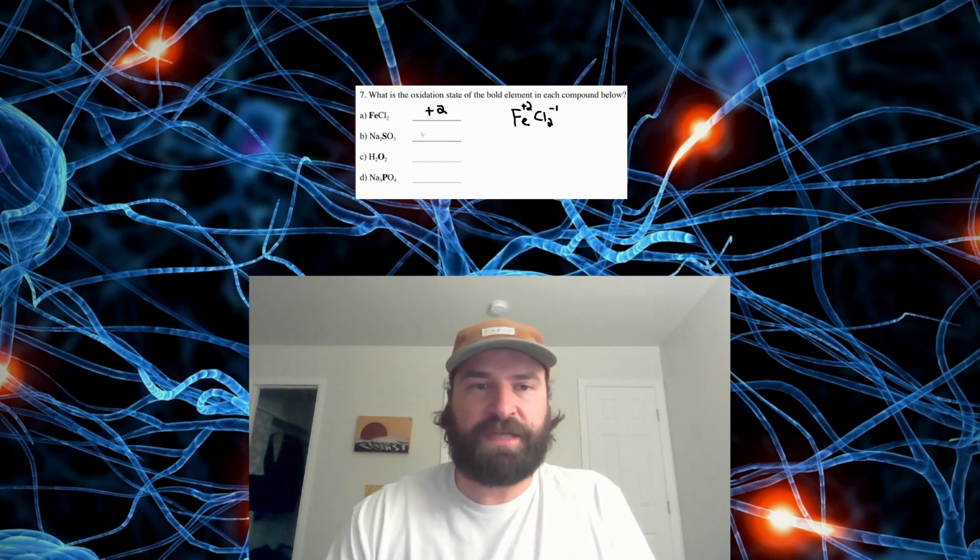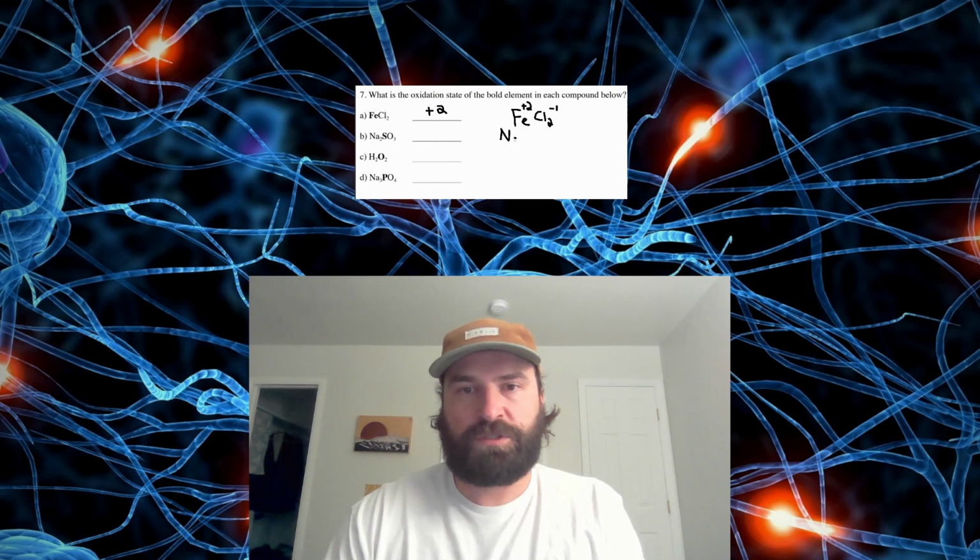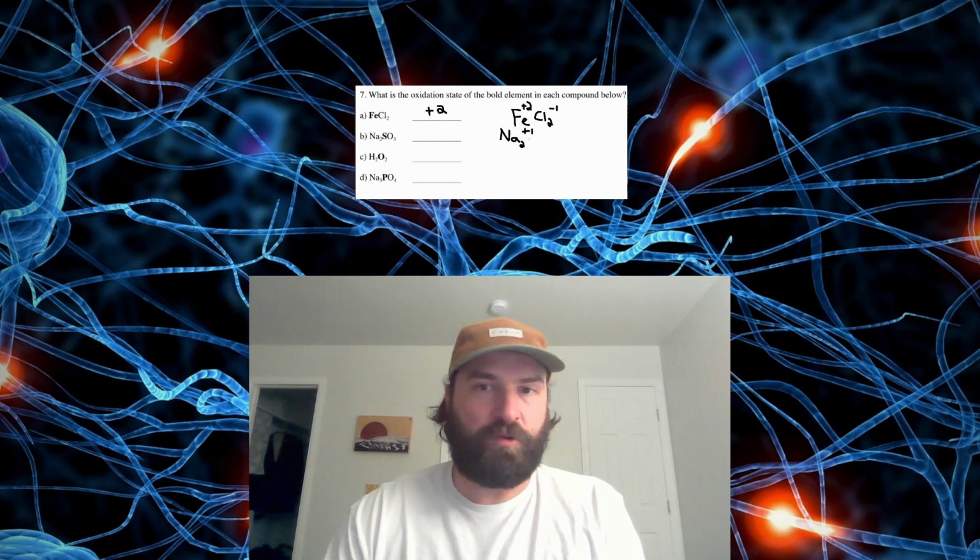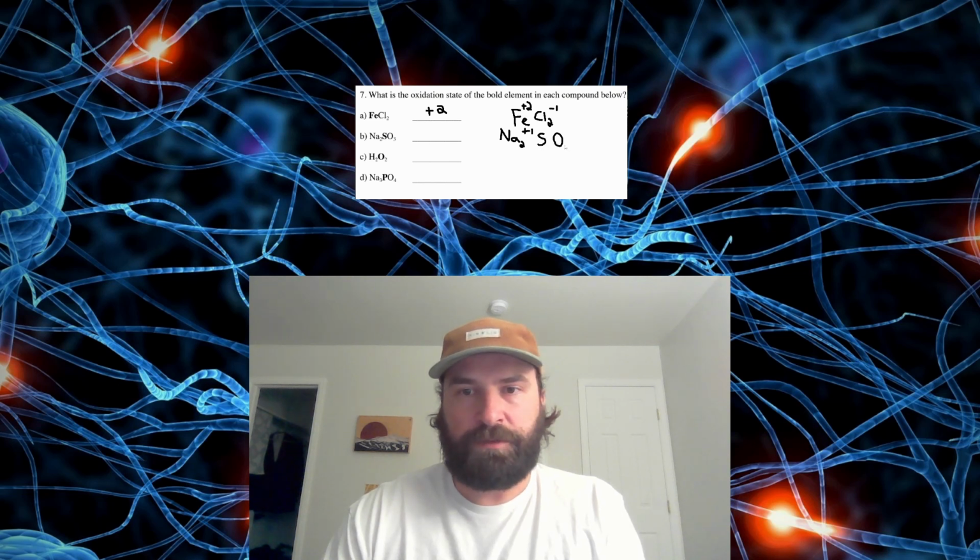We have to balance this out to have a 0 charge, and we'll kind of figure that out as we go. So in the next compound, we've got two sodiums. Sodiums are in the first period and have a +1 charge. So in total, that's +2. Then we're wondering about the sulfur and the oxygen. Three of those, and oxygen typically has a -2 charge.